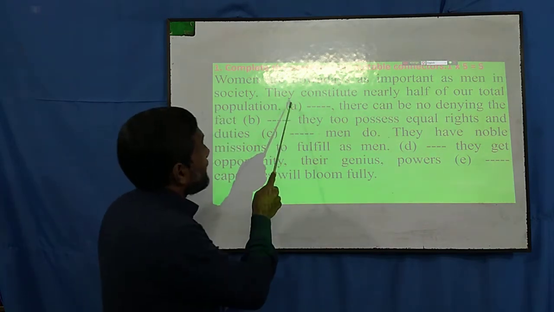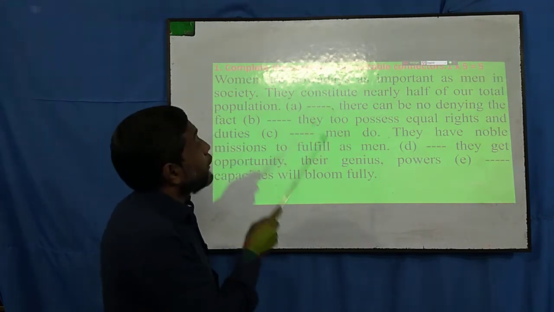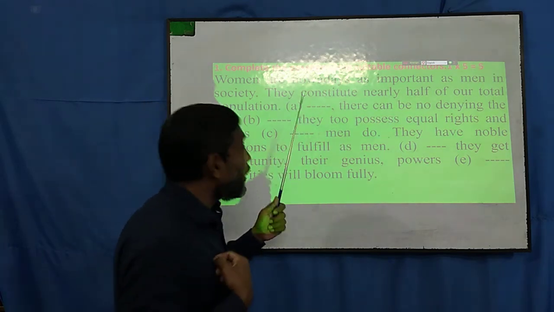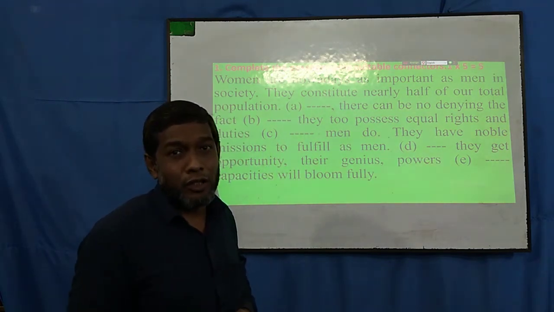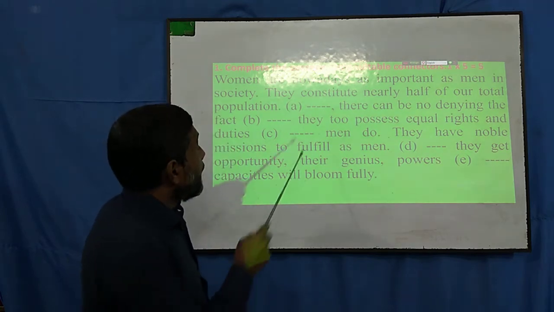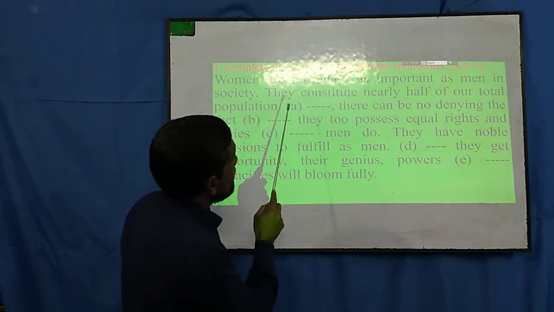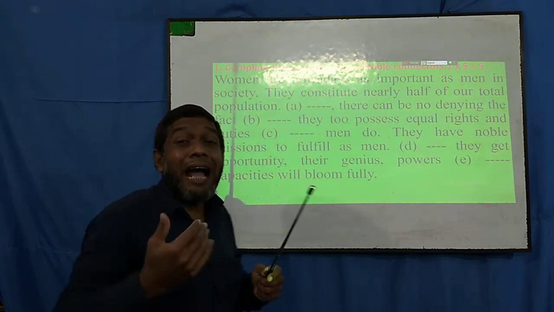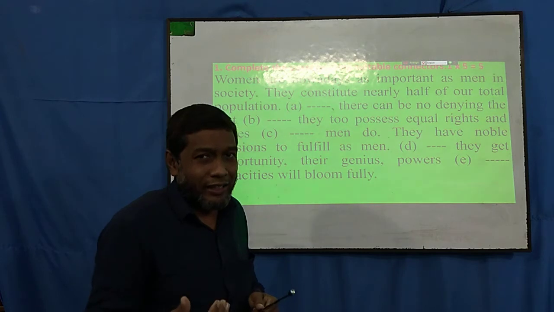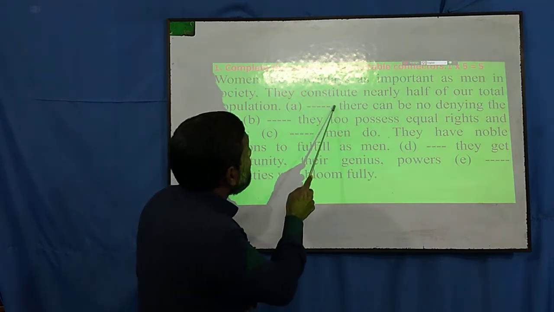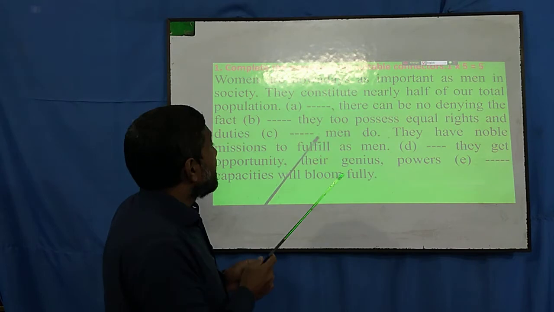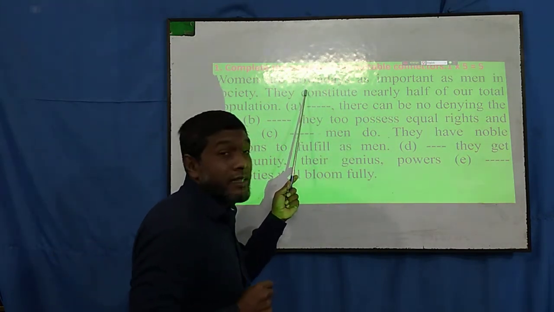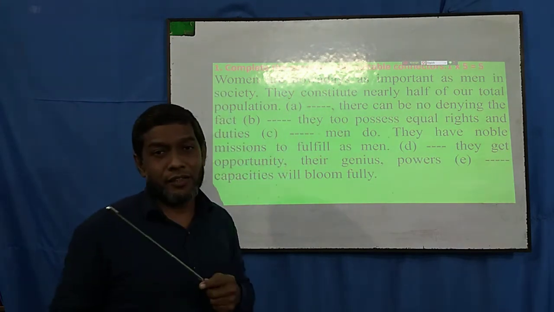So if I can indicate the gap first, where the gap is given, then it will be easy for me to understand what type of connectors we are going to use. If the gap is given just before a sentence, then you will try to show the relation with the previous sentences or with the next sentences.